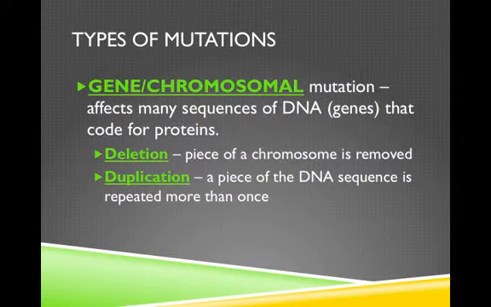You can also have a gene or a chromosomal mutation. This affects many sequences of DNA or genes that code for proteins. Deletion can fall into the gene or chromosomal category as well. This is when a piece of a chromosome is removed. Duplication is when a piece of the chromosome or the DNA sequence is repeated more than once.